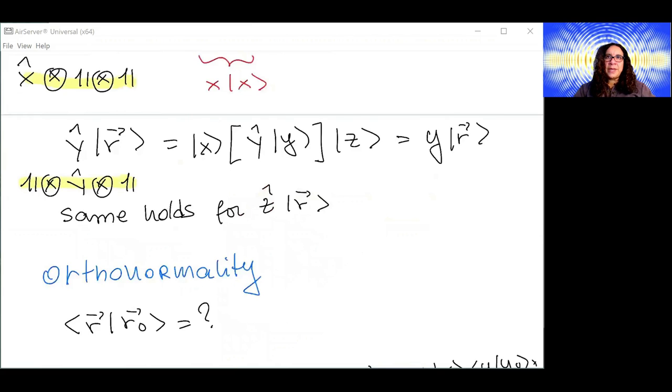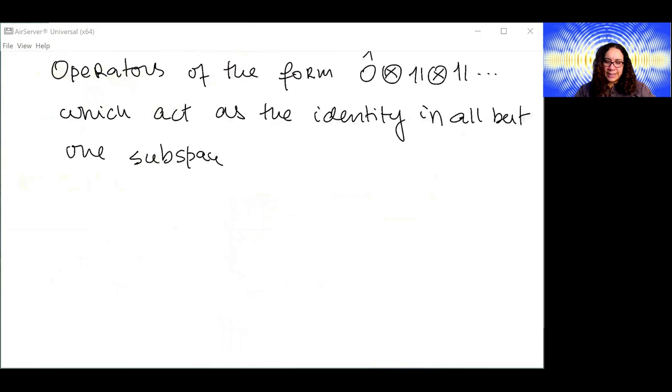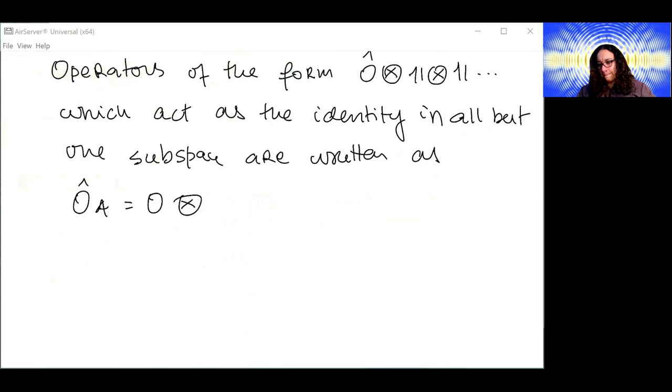Or for instance OB, where you have identity, O acting on subspace B, etc. So this subscript identifies the subspace in which the operator acts.